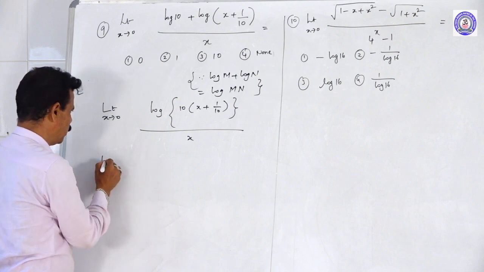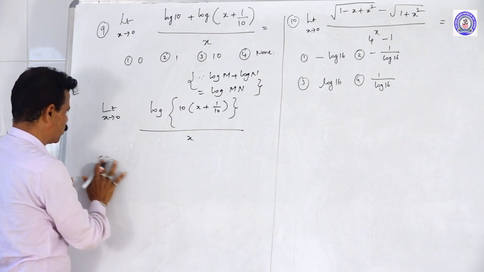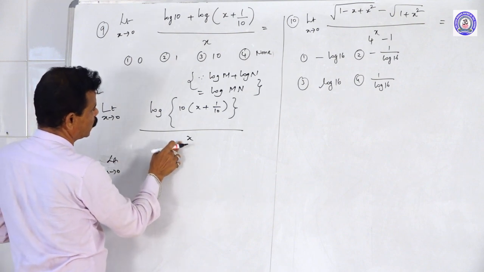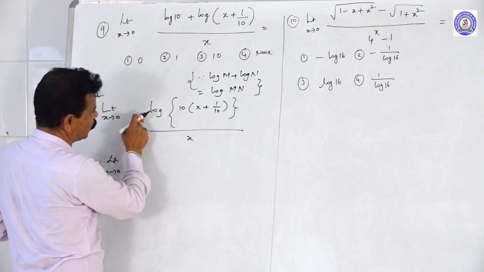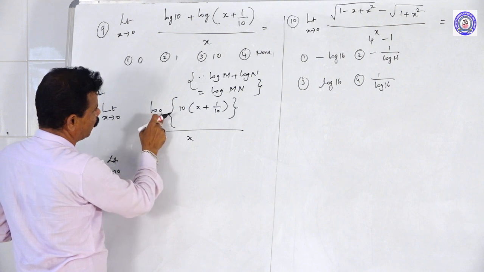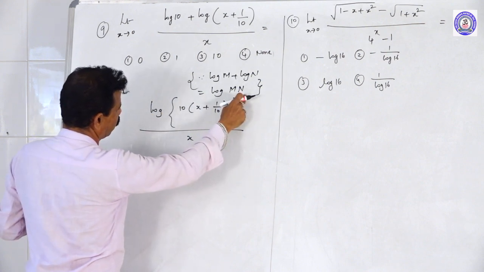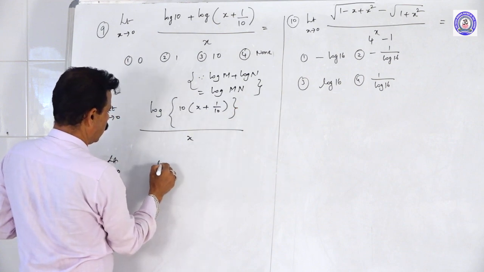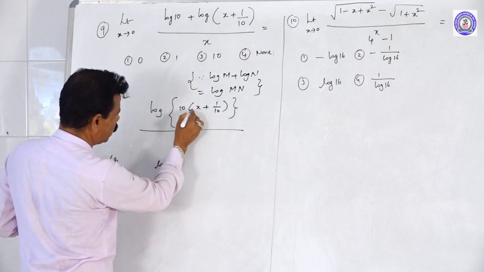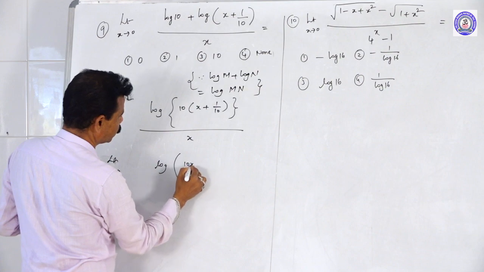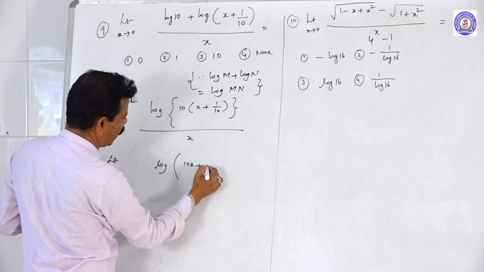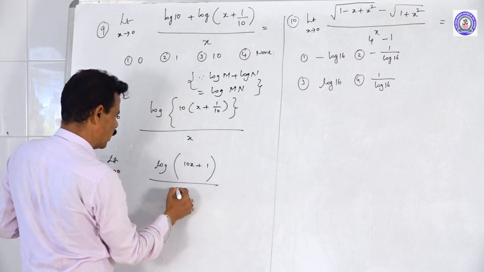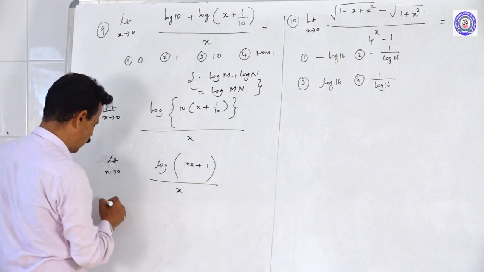After this, limit x tends to 0, this x, 1 by x, so this 1 by x comes to the power. Log of this, 10x plus 10 by 10, that is 1, power x.